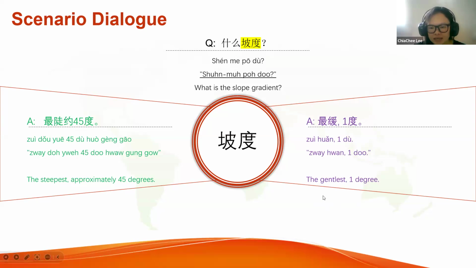We say the gentlest 1度最缓 the gentlest 1度最缓1度. So when checking on 什么坡度 we can say 最陡约45度 or higher, 最缓 is like 1度. All right.